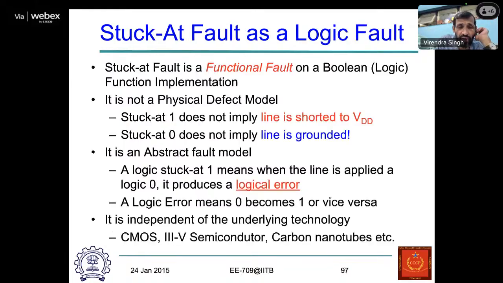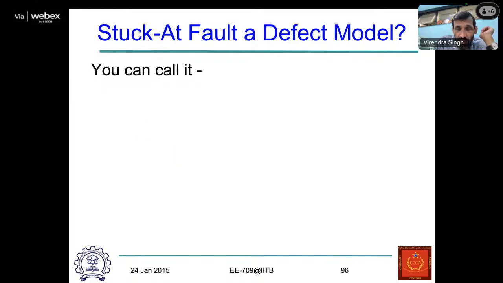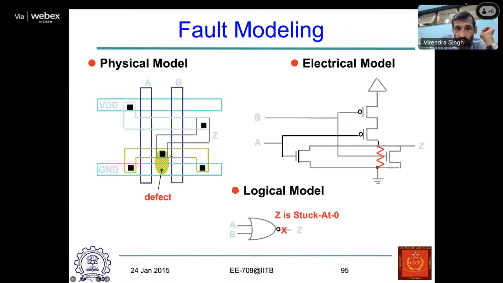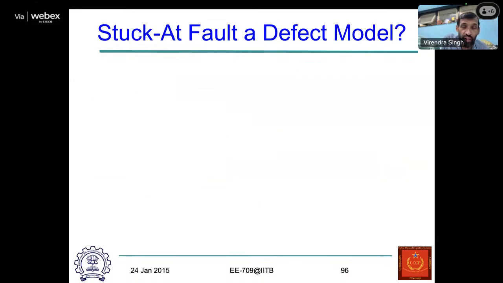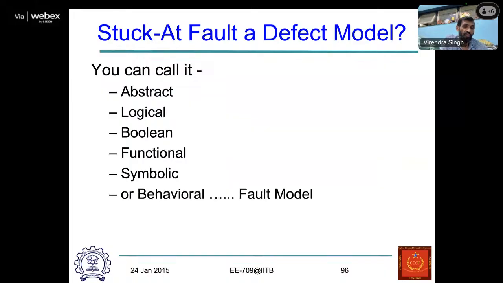What it does is, for example, I have shown you that there is a defect over here, but that defect manifests itself like here. The output Z is always connected to logic 0. Connected to logic 0 doesn't mean all the time that it is shorted to the ground line. The impact is as if this is shorted to the ground line. That's why we call it a stuck-at fault model.